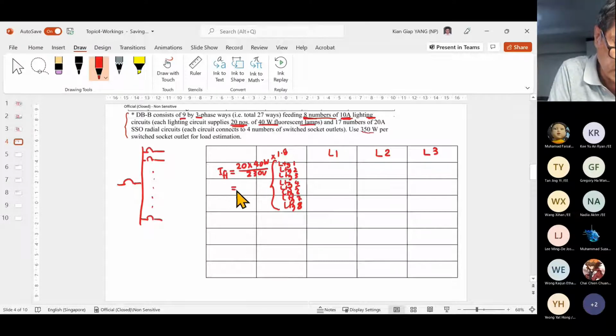So this will give me the full load current for one circuit. So do a quick calculation. What do I get? 20 times 40 times 1.8 divided by 230 volt. I get 6.26 ampere.